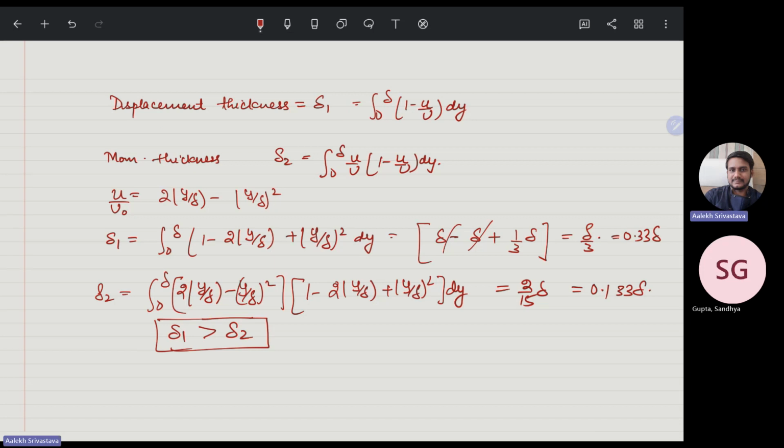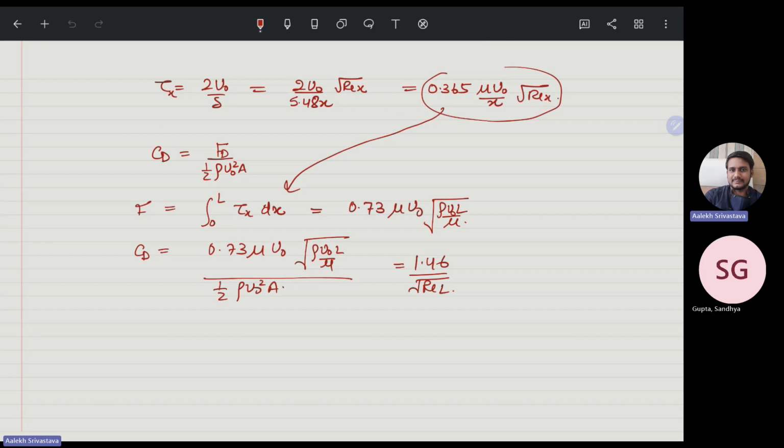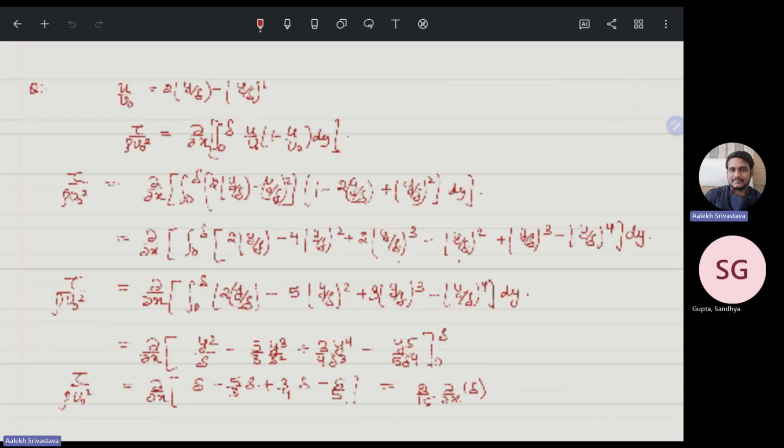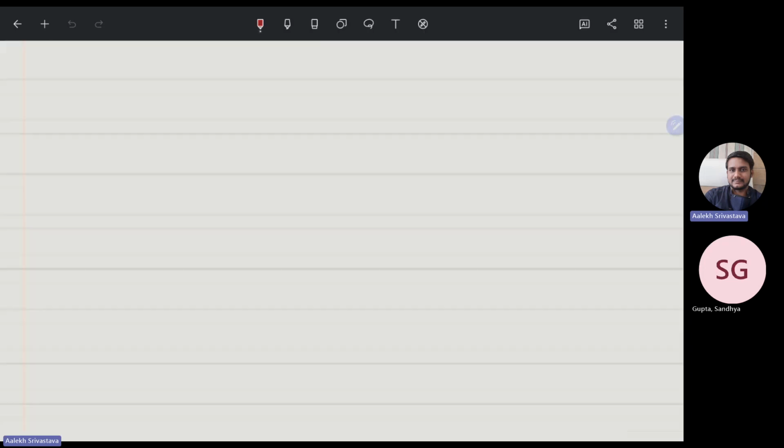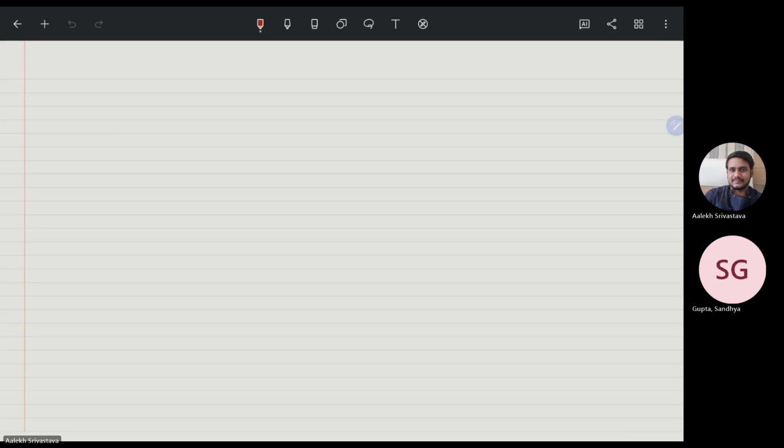Now this solution has been derived for one velocity profile. There are numerous velocity profiles. Suppose you have any other velocity profile, for example u by U is equal to sine of pi by 2 y by delta.